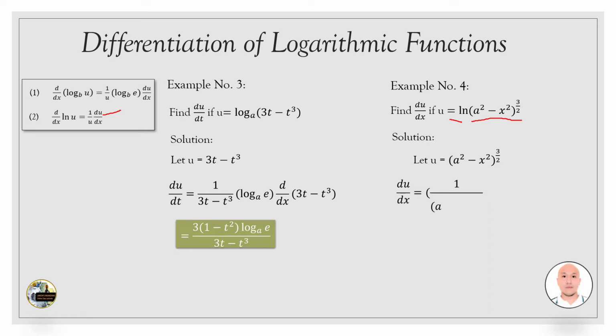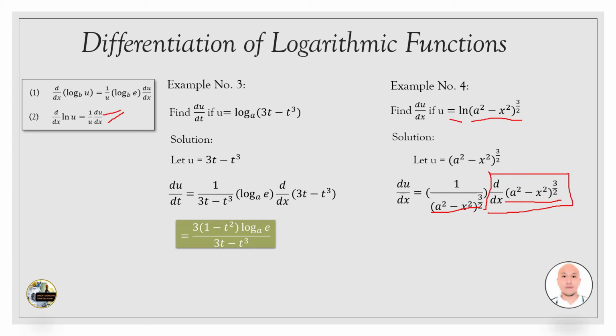Then du over dx is equal to 1 over u, so our u is (a squared minus x squared) raised to 3 over 2, times d over dx of u. Then we have to differentiate this part.